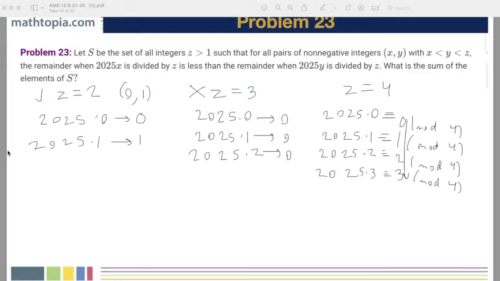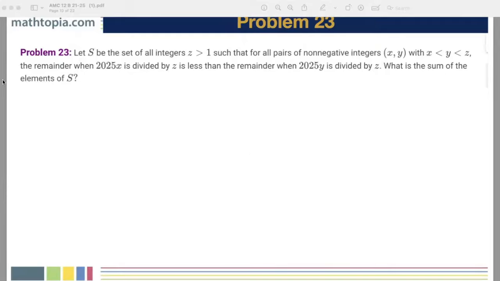So hopefully now you see that instead of thinking about each different pair of numbers x, y, we should think about ascending through all the numbers x less than z and writing down all the remainders one at a time, thinking about what they are mod z.